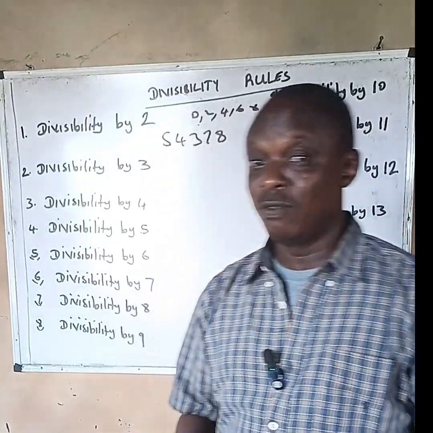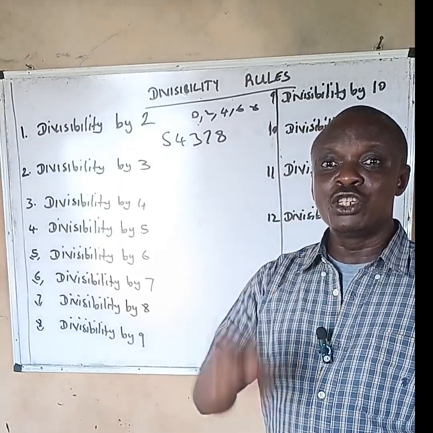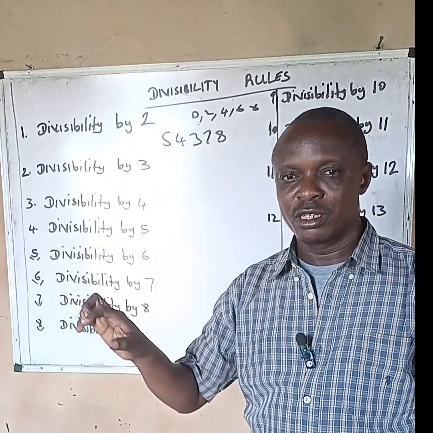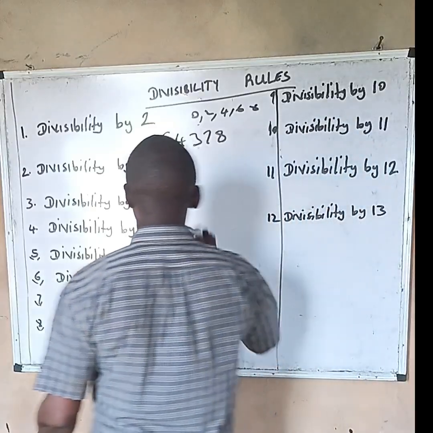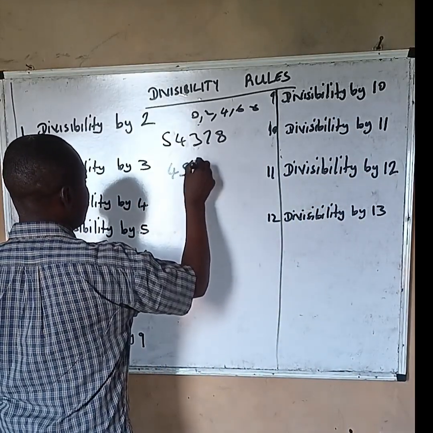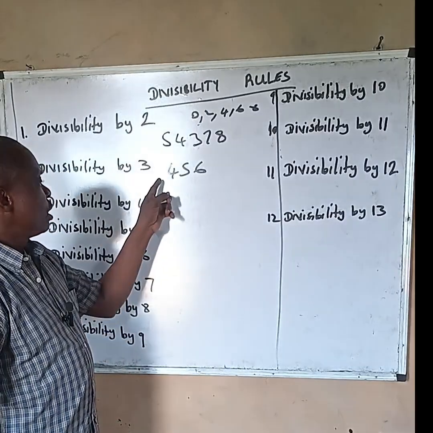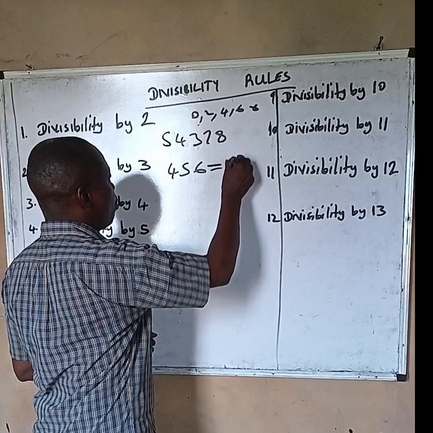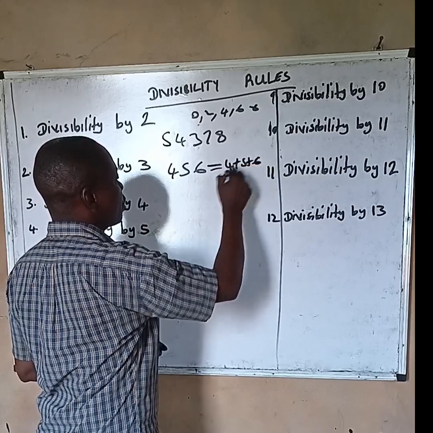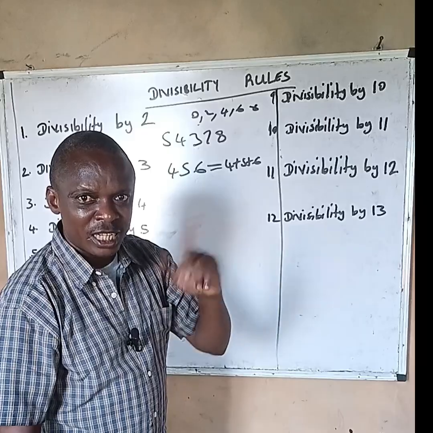Now, how do you know when a number can be divided by 3? A number is divisible by 3 if the sum of its digits is divisible by 3. Let's say, for instance, I have 456. If you add 4 plus 5 plus 6, and the result cannot be divided by 3, then 3 cannot divide it.